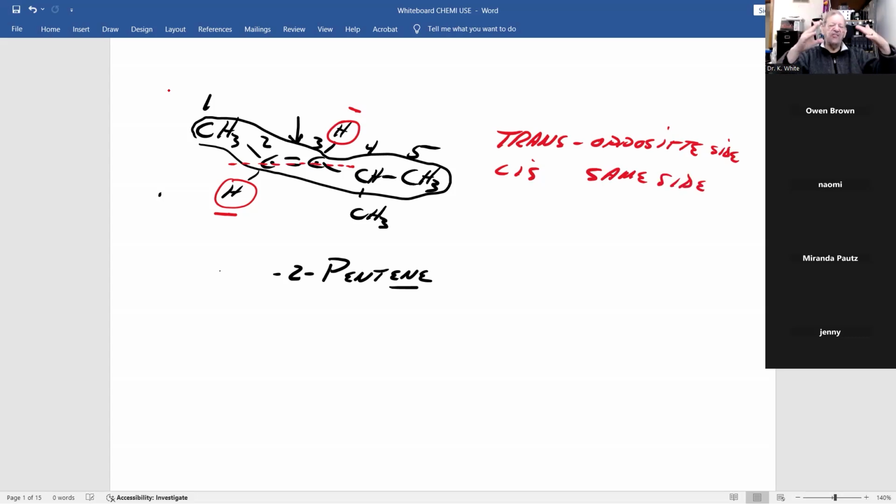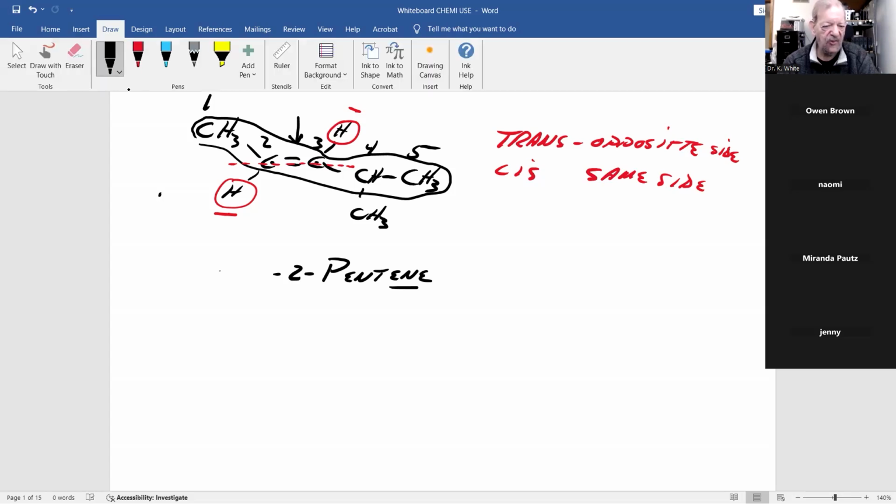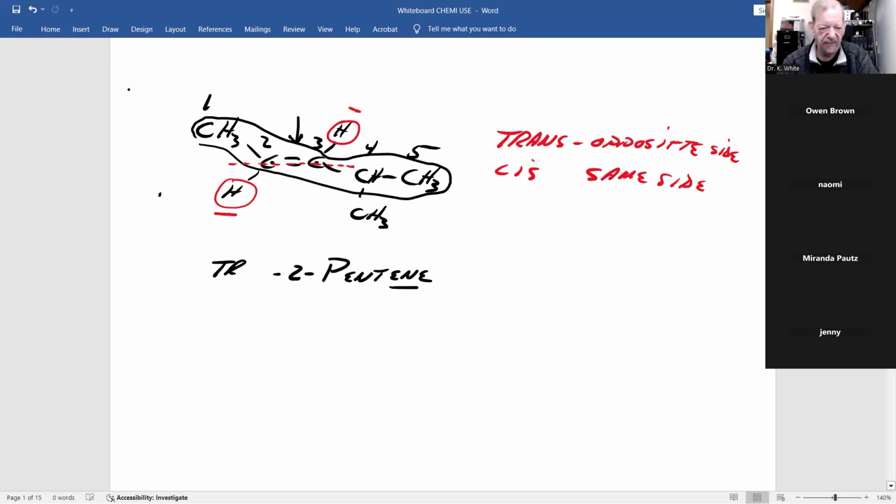If they had been on the same side of that plane, then that would be cis, but they're opposite. So this is trans.